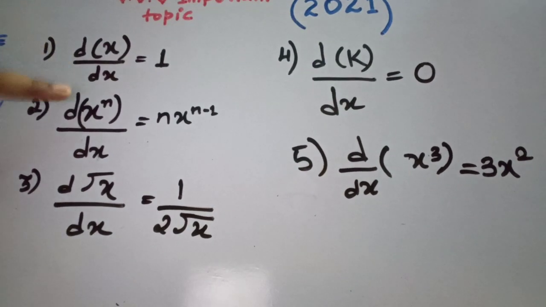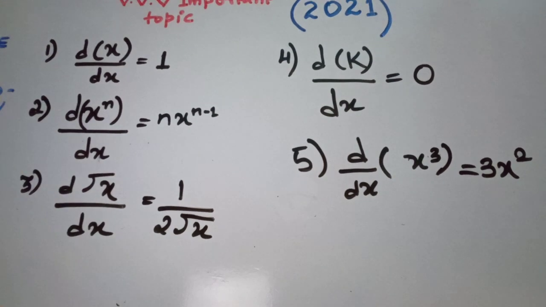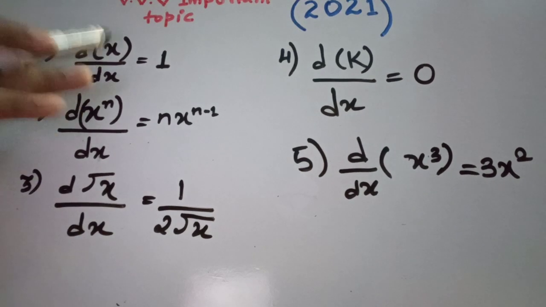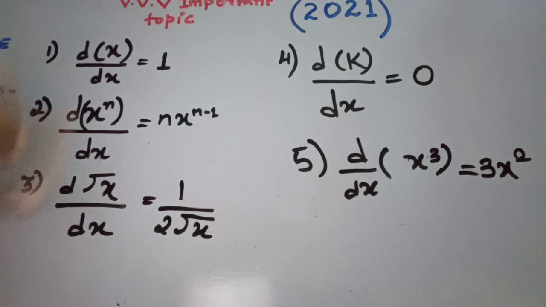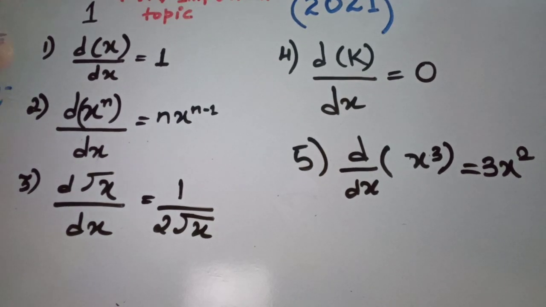So d by dx of x is equal to 1. Why 1? Because x is a single variable, and every single variable has derivative 1.